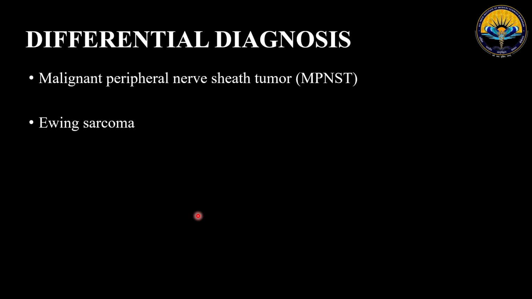Previous history of neurofibroma or schwannoma in that area with involvement of the adjacent bone and neurovascular infiltration would favor malignant peripheral nerve sheath tumor. But this patient doesn't have anything in this aspect. Then Ewing sarcoma. Bone involvement with extensive soft tissue involvement is common in Ewing's. So considering the age group of the patient, Ewing sarcoma also we can keep in mind.